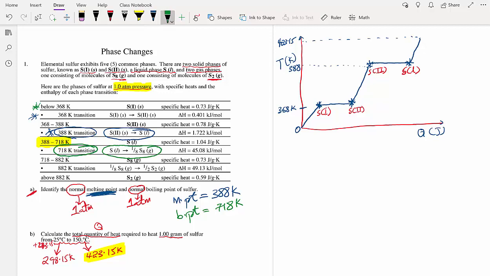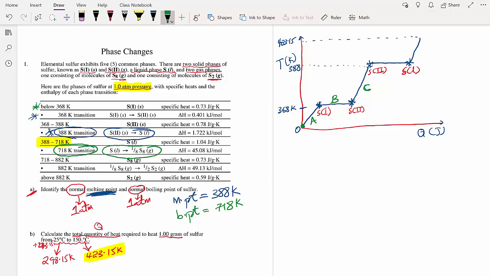Let us divide this curve into stages. Let us name this as stage A, from 0 Kelvin up to 368 Kelvin. Stage B will be when sulfur transitions from the S1 form into the S2 form.